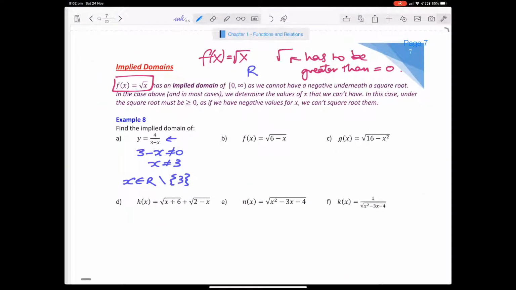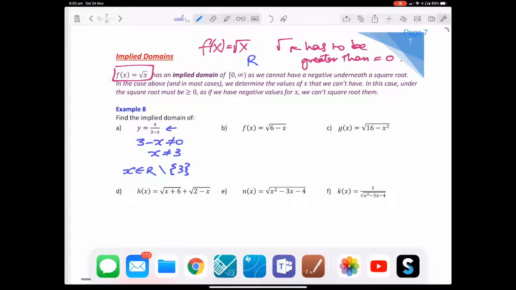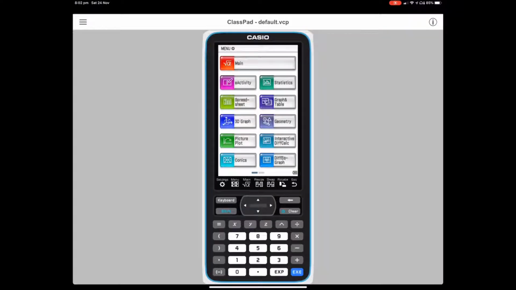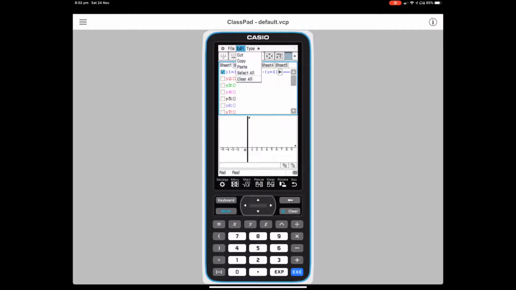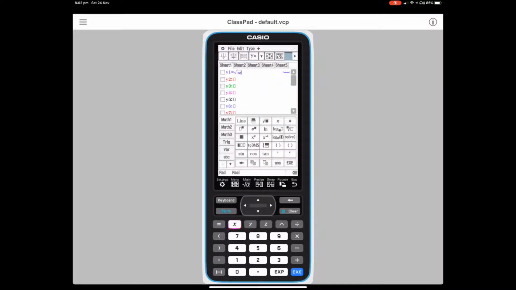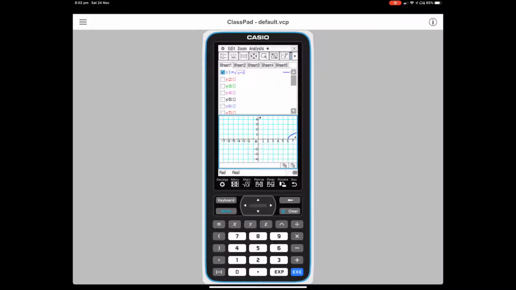It is good that it can do that. On our ClassPad, as far as I know, there is no functionality to do that. You can graph a function. So if we clear this and graph square root x minus 6, we'll see that x is from 6 onwards. So I guess that's one way of doing it.